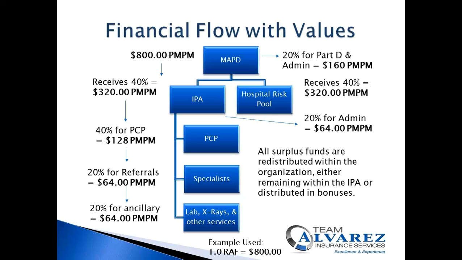Same thing with the hospital risk pool. If this individual member does not go to the hospital at all, then you don't use anything from that hospital risk pool, and that's additional bonuses that are redistributed, either throughout the IPA. Either they trickle down to PCPs, or some executive in the office just gets a Merry Christmas.